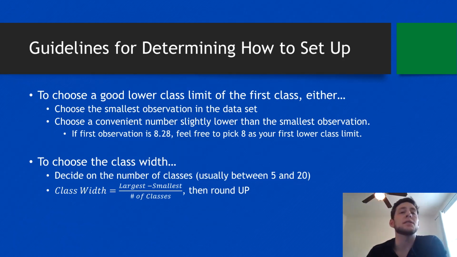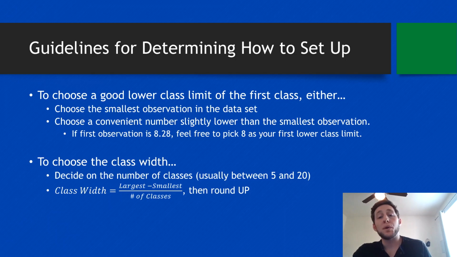Now, largely you want to do this when you have an observation like 8.28. Just pick 8 as your lower one. It's nicer to read and it's kind of more intuitive. You don't always have to round to a whole number or start at a whole number. Maybe you always want to start at either a number that ends in 0 or 5. So kind of up to you how to pick it, but take either your smallest or take something slightly smaller that's convenient.